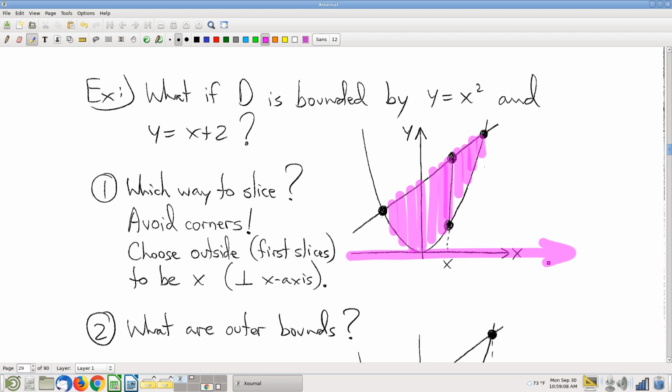Is everybody on board? So again, it's very important that we all speak the same language. So x slices will refer to slices as part of the process of moving along the x-axis. Okay. Yeah, so we start there, we end here. What are the bounds? There's a process for figuring out what the bounds are. It's very methodical, but you've got to be careful.